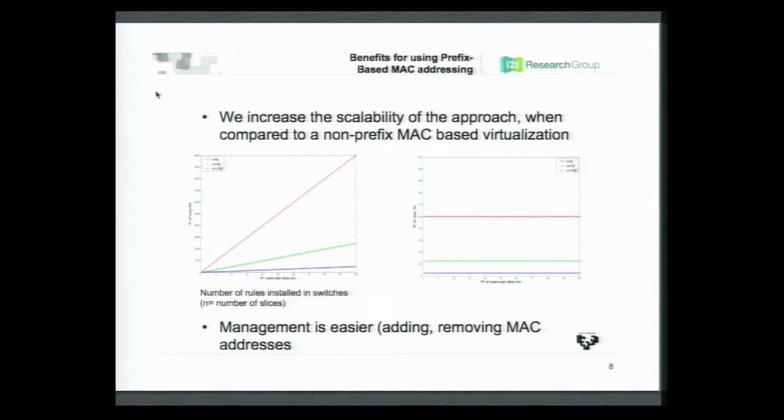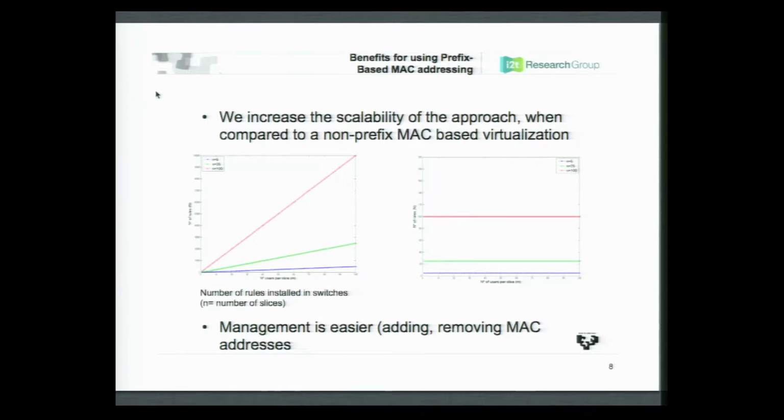This was done, and this is currently running because the NEC switches we have have a special firmware which allows this subnet or partial MAC address matching. It was done in OpenFlow 1.0. In newer versions, this is also possible.